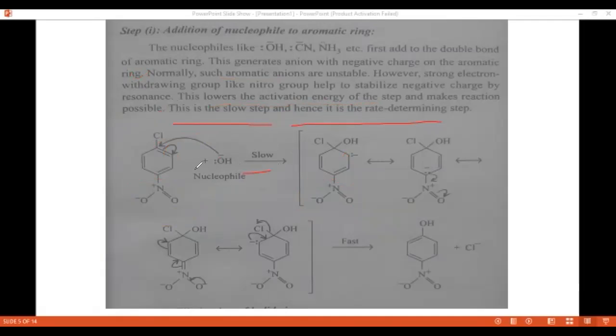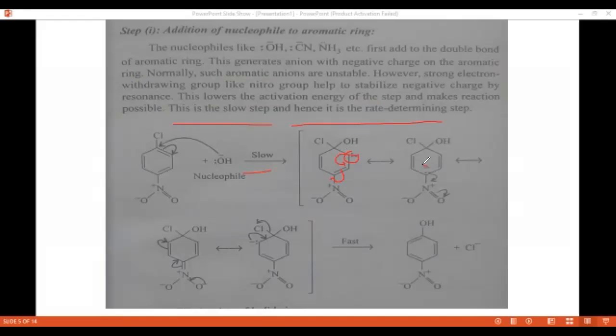Now the example is given here, para-nitrochlorobenzene. When the nucleophile attaches to the carbon atom, the carbon-carbon double bond breaks in the direction of the ortho carbon atom.